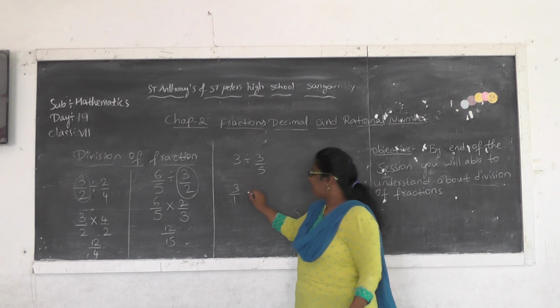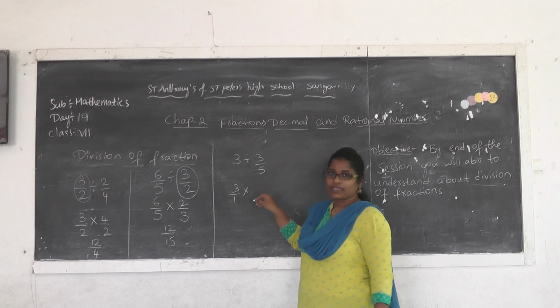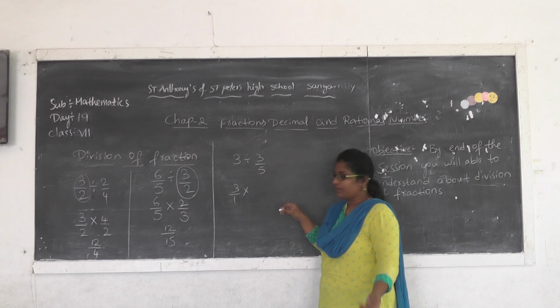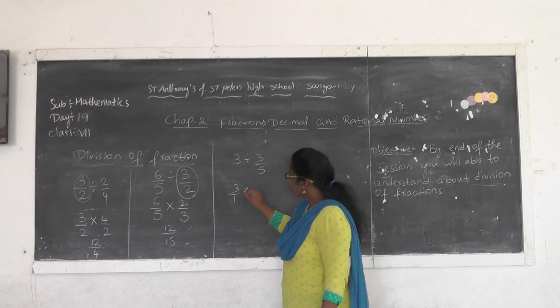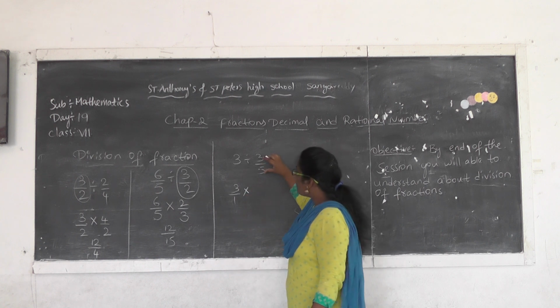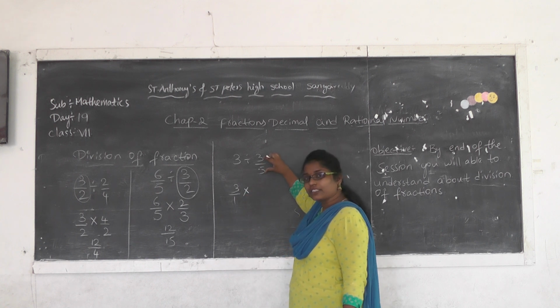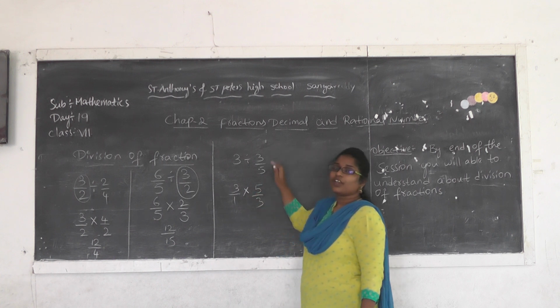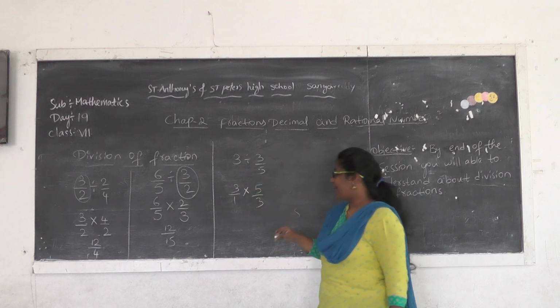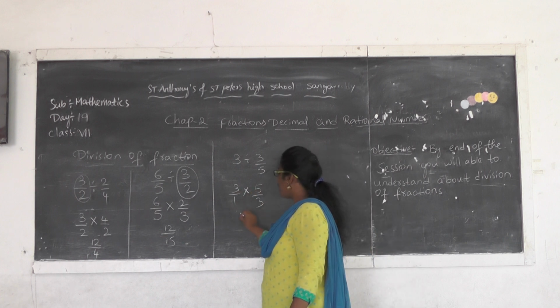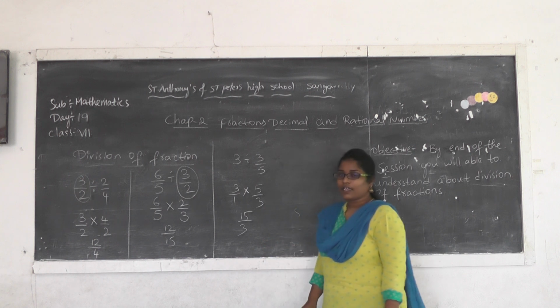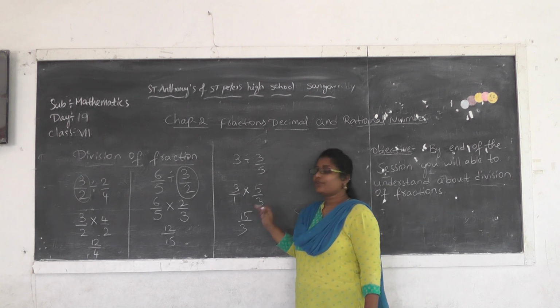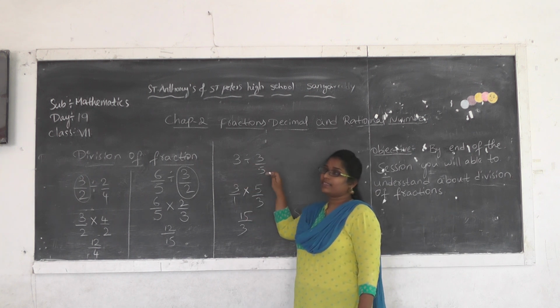We should write it as multiplication, because division is nothing but the inverse of multiplication. So we make division into multiplication by changing the second fraction into its reciprocal. 3 by 5 should change to 5 by 3. Now 3 5s are how much? 15. 1 3s are how much? 3. Are you able to understand? This is the process of dividing a whole number by a fraction.